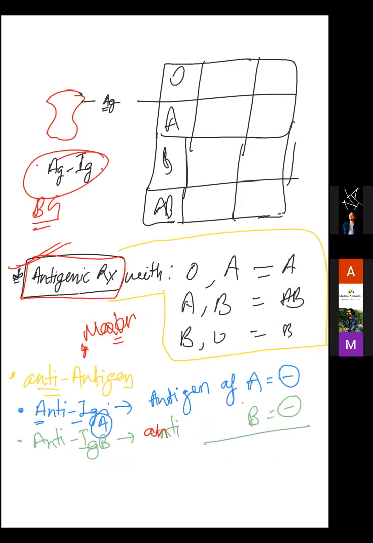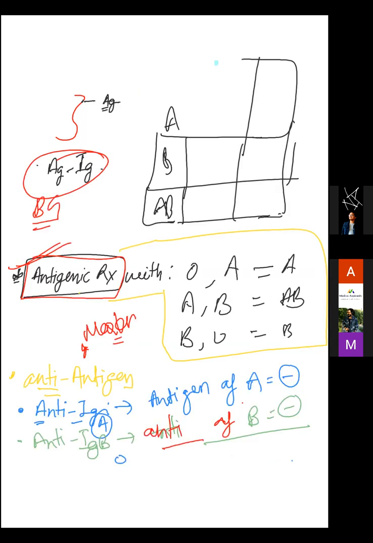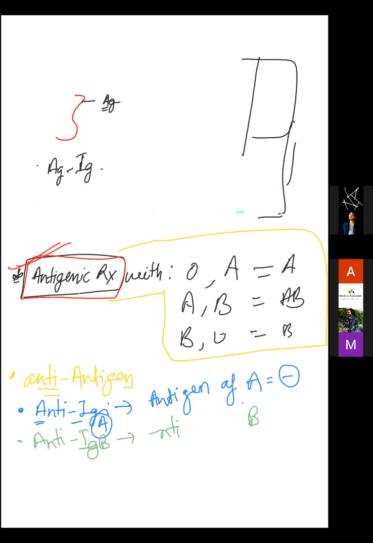So here, if it says that antigen of B does not react, what you have to keep in mind is that the next thing they will ask is what the blood group is. What is the O blood group? How to remember easily, because this thing is important and easy.